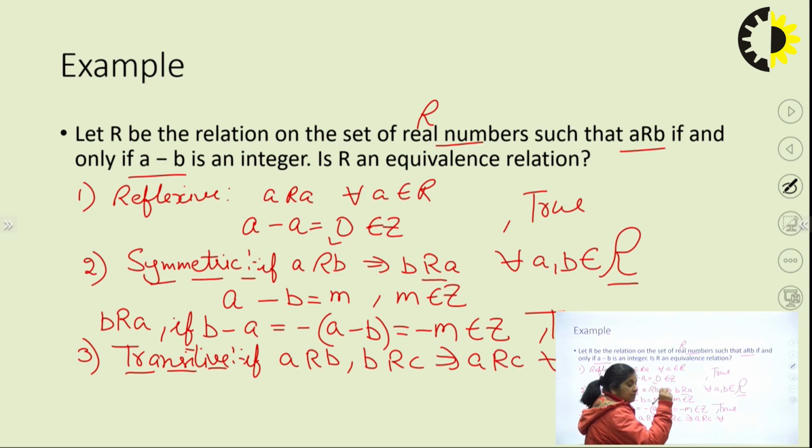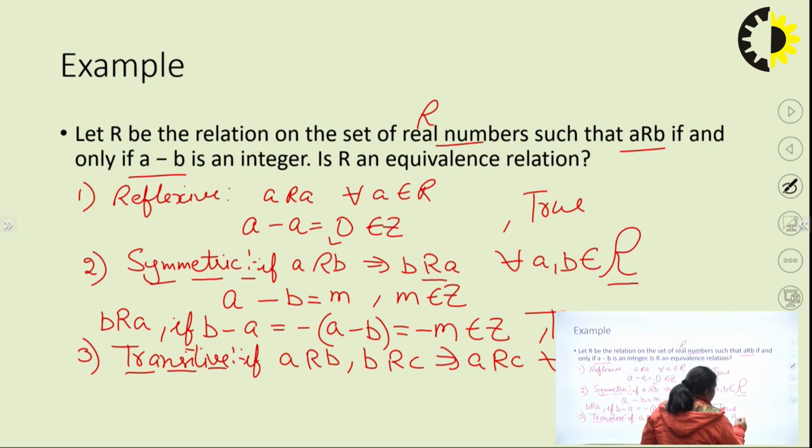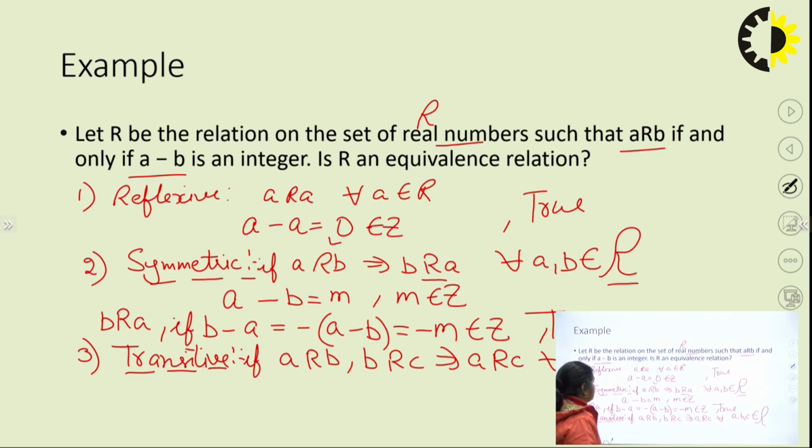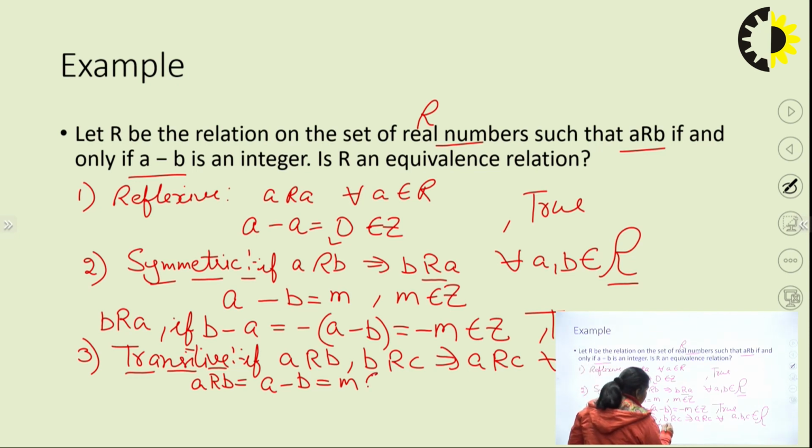Here our set is the set of real numbers. So if I now consider these relationships, A related to B means A minus B is an integer. It belongs to Z.